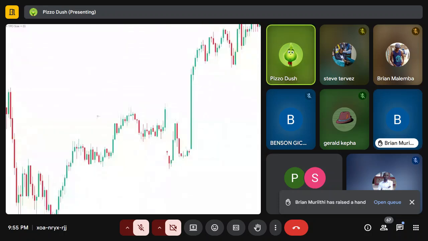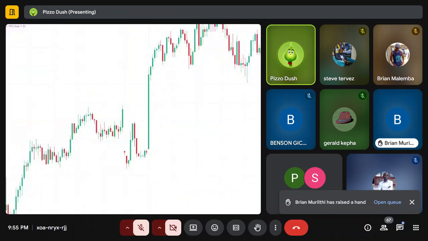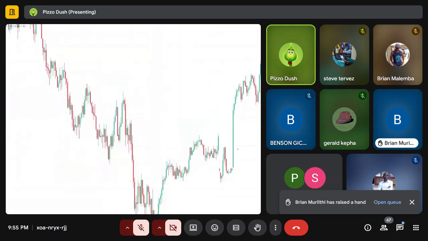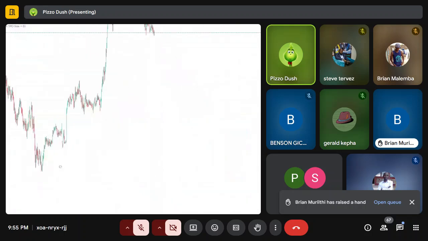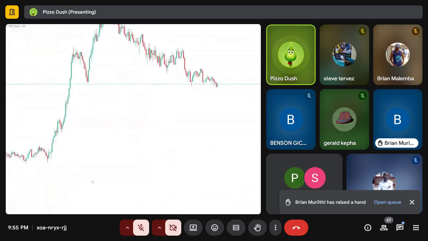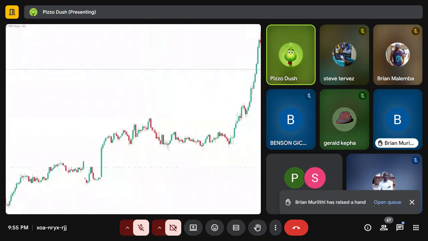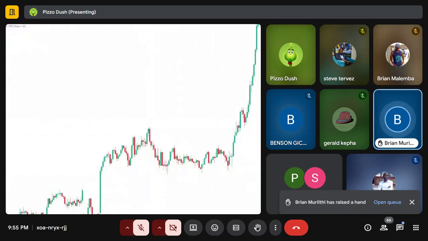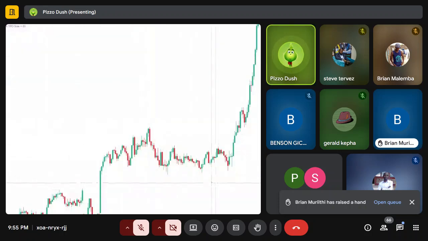Let me check. So, sioni any other gap in the market. Or maybe I'm using a different broker. Ni what price level?